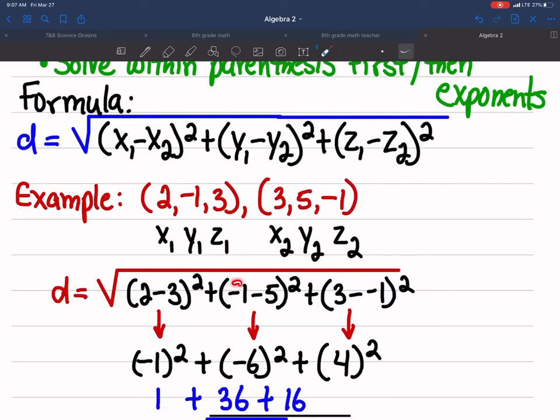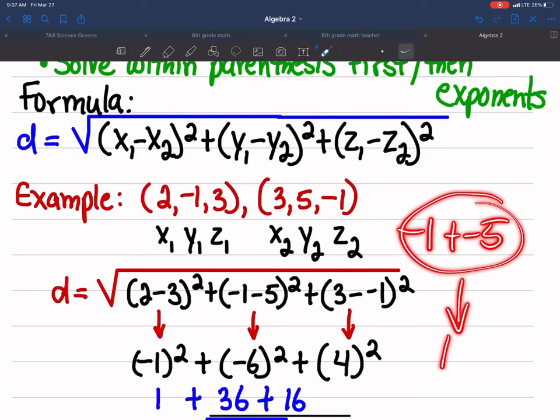So I'm going to keep that. I'm going to change my negative sign to a plus sign, and then I'm going to change the sign of the 5, which is a positive 5, to a negative 5. So I am going to have negative 1 plus a negative 5, which is, ta-da, negative 6.